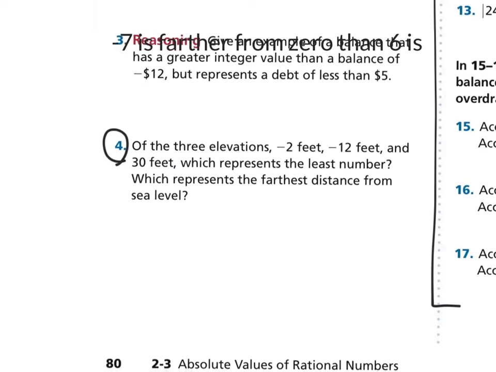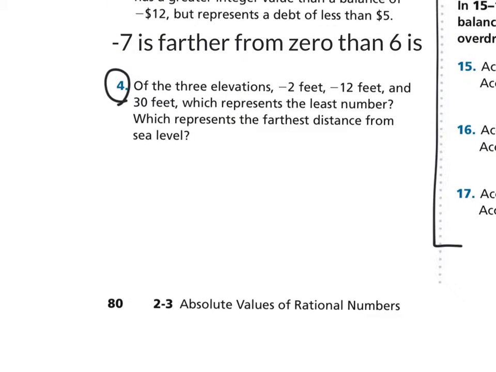We'll look at number 4. Of the 3 elevations, negative 2 feet, negative 12 feet, and 30 feet, which represents the least number? And then which represents the farthest distance from sea level? So we're assuming above sea level is positive, below sea level is negative, and 0 would be right at sea level.